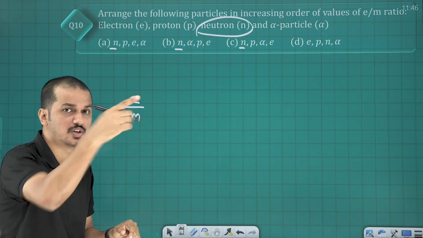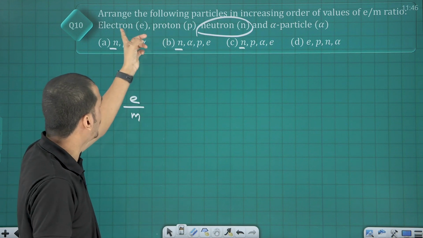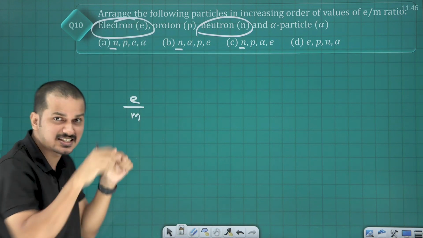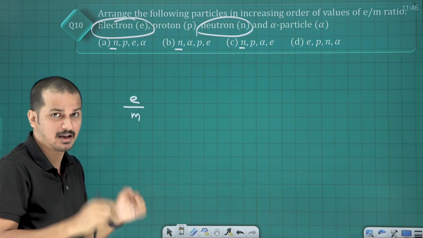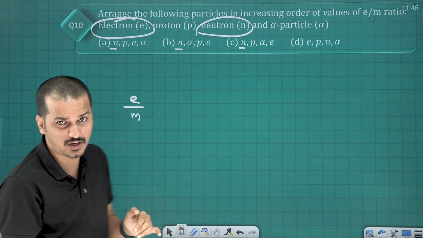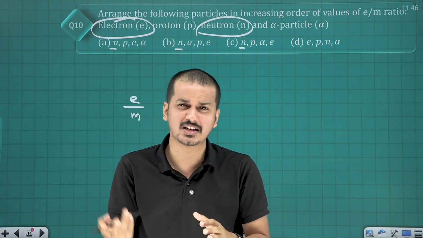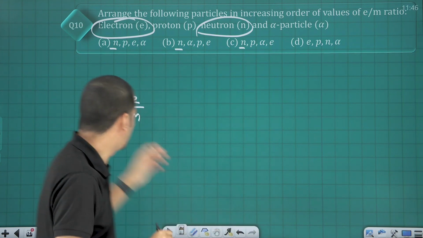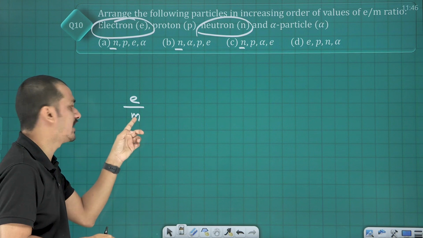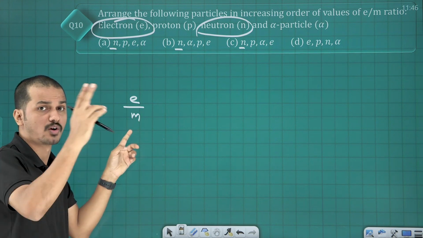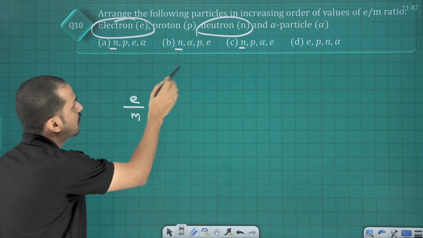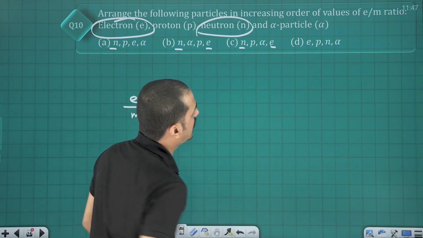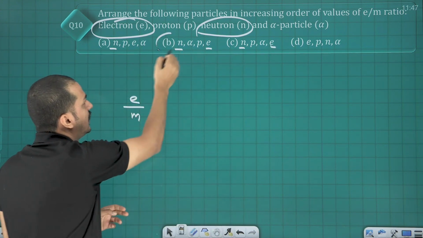Among electron, proton, neutron and alpha particle, the electron has comparatively less mass, because the mass of a proton is 1840 times the mass of an electron. So the charge by mass ratio is very high for the electron. So it is either option B or C.